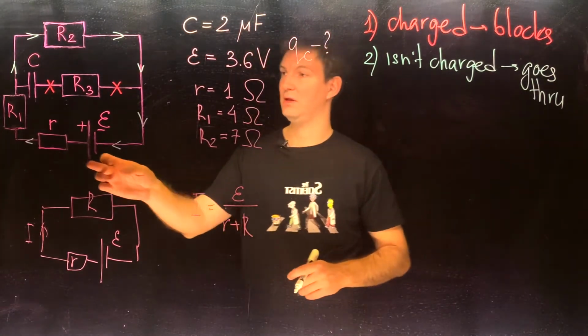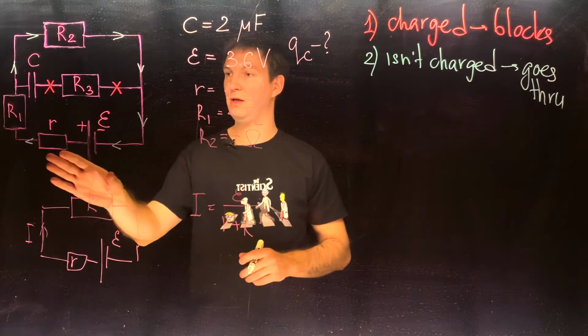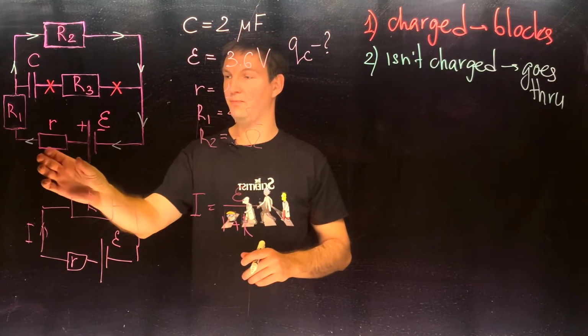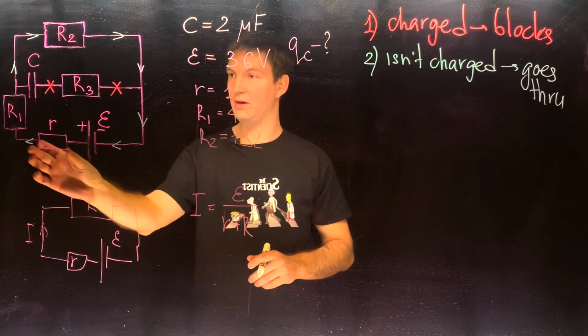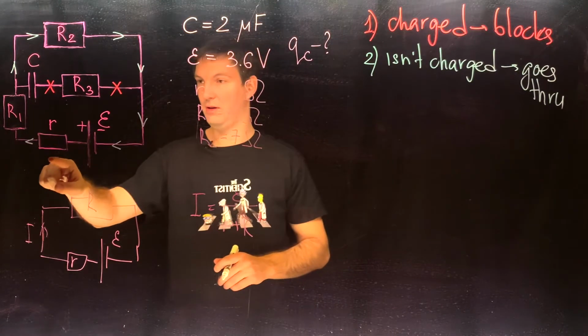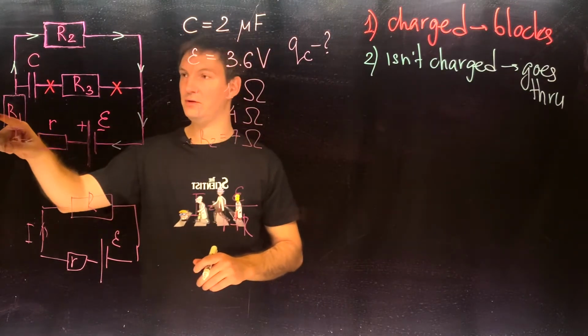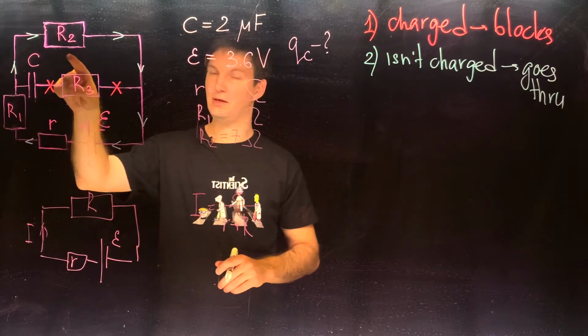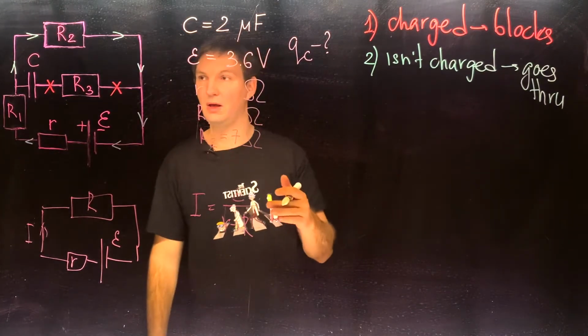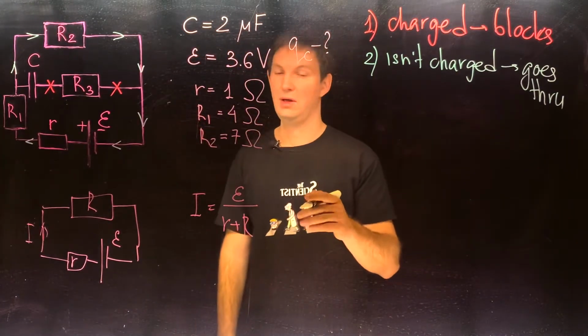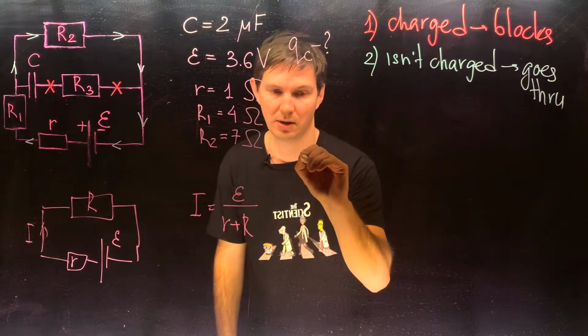Here we see that resistors are in series. It means that they go one after another. Firstly, the internal resistor, then the first resistor, and then the second resistor. So in our case, Ohm's law is as follows.